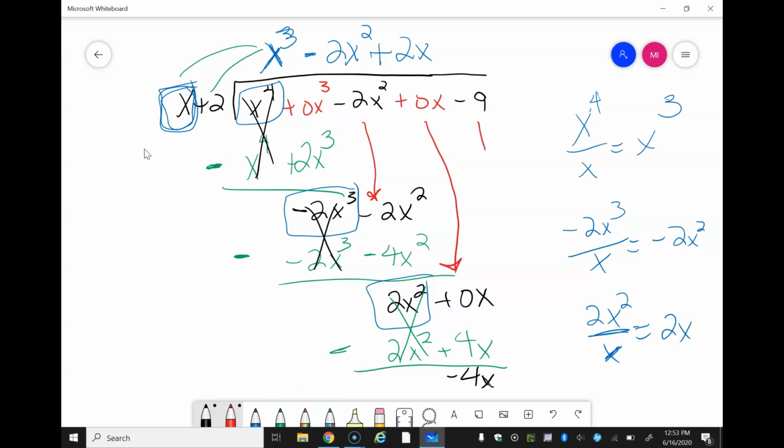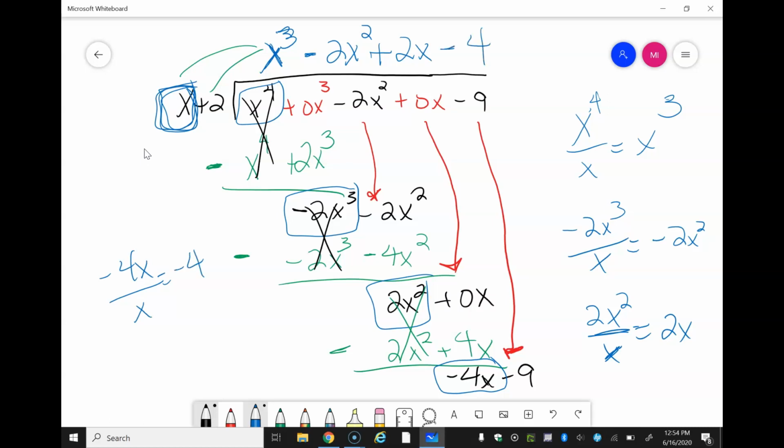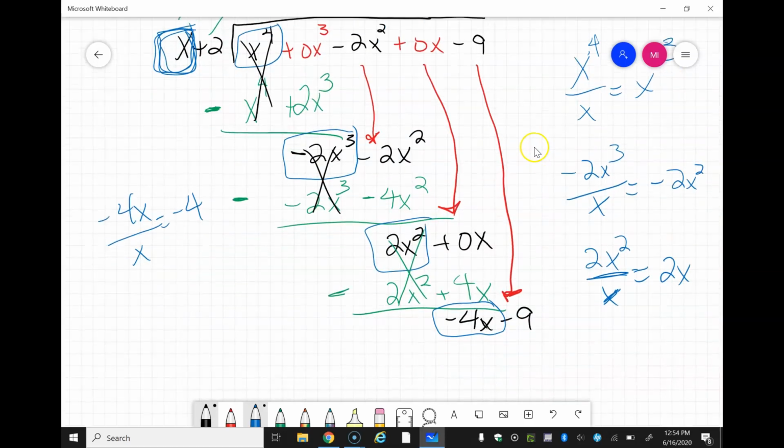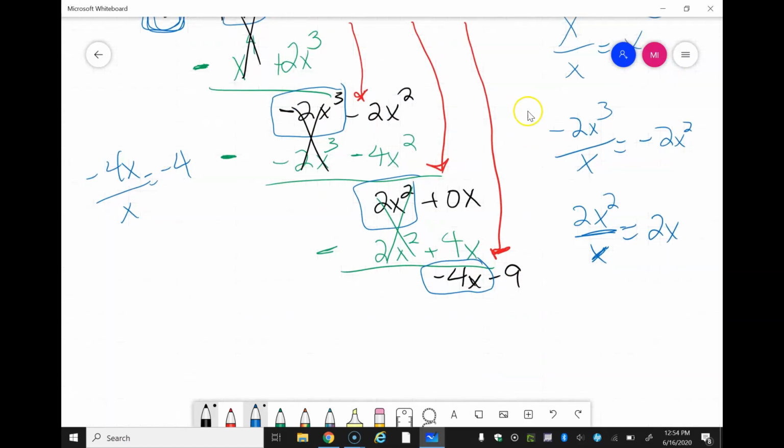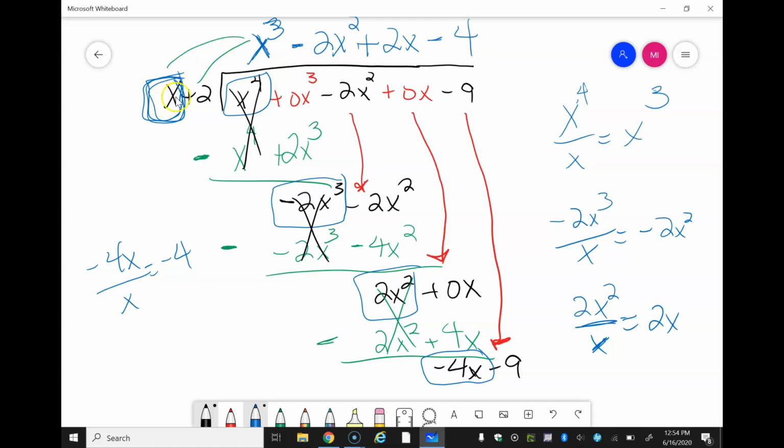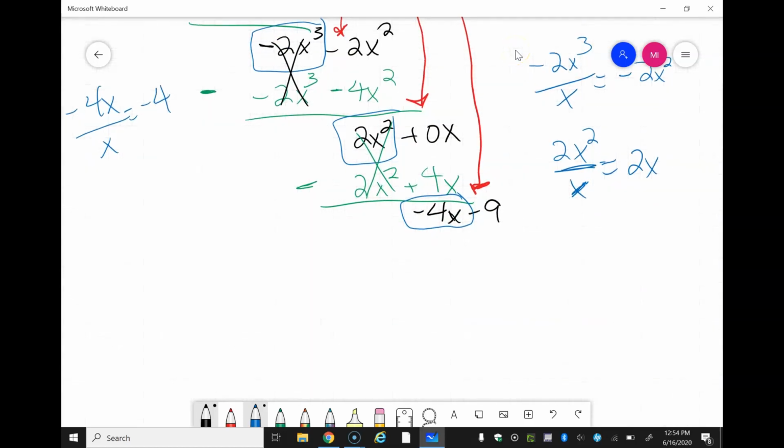Last term, we bring this one down. Minus 9. We box it in again. So minus 4x divided by this x in front leaves us with minus 4. So we put minus 4 up here. So we take that minus 4 and multiply it to here and here, and we write our answer in.